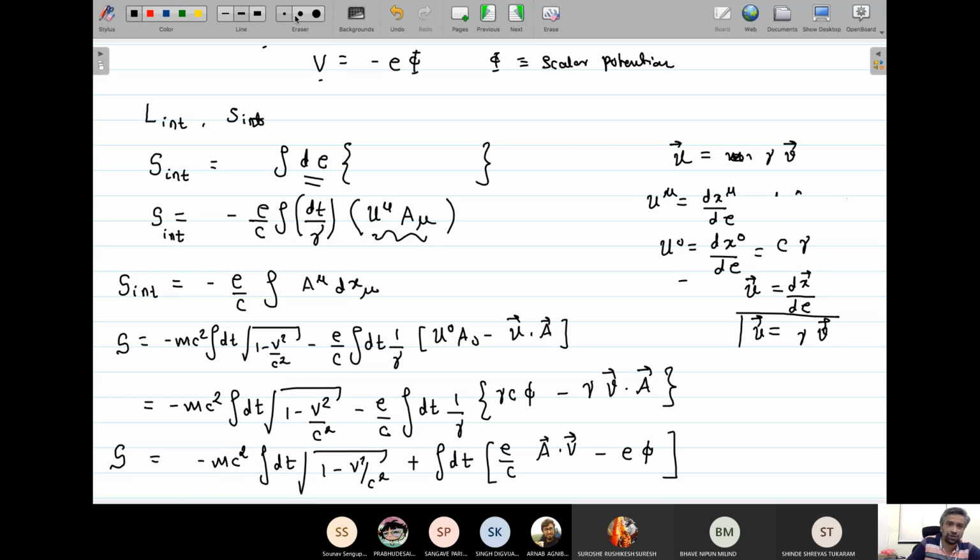Now from this you can just extract the Lagrangian. So L is L free, that is minus mc square square root of 1 minus v square divided by c square, plus e by c A dot v minus e phi. So this is the Lagrangian for a relativistic particle in an electromagnetic field.